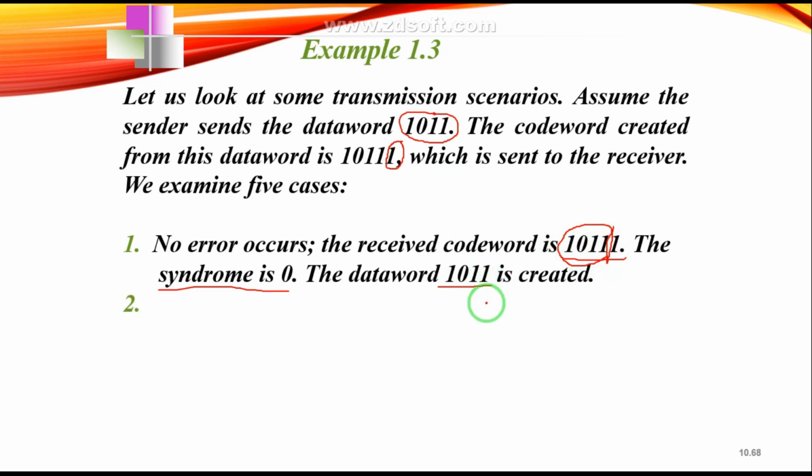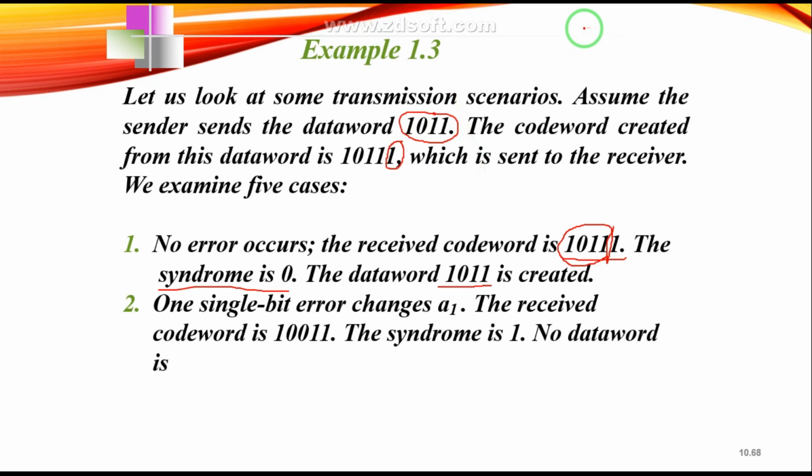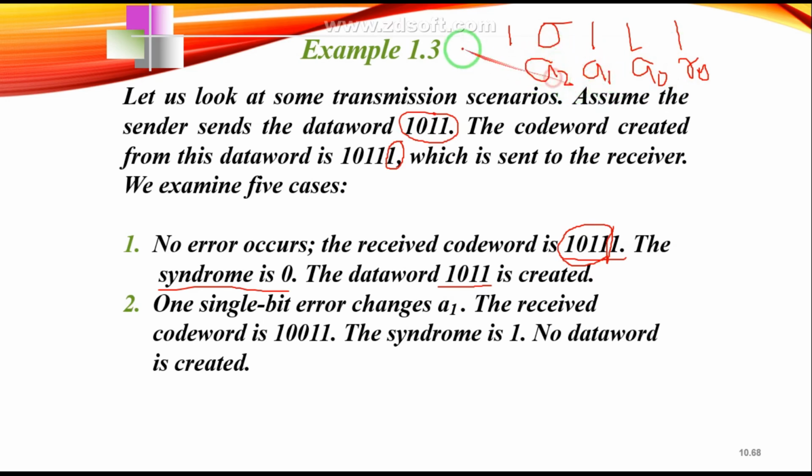Second scenario. One single bit error changes A1. First I would tell you, since this is 1011 and this is a parity, the parity is denoted by, say, R0. This is your A0, this is A1, this is A2, and this is your A3. So don't get confused.